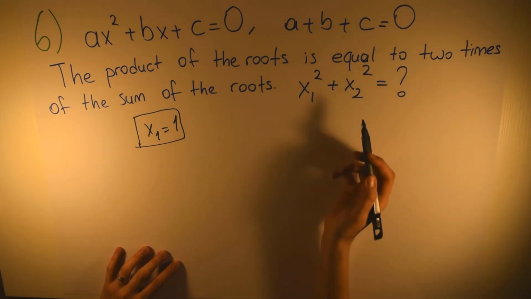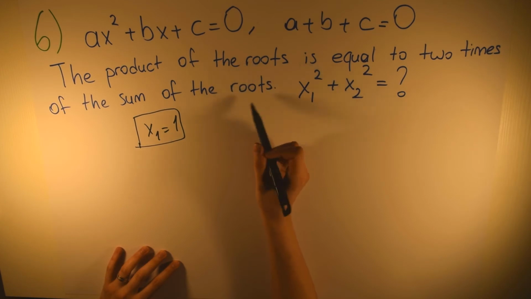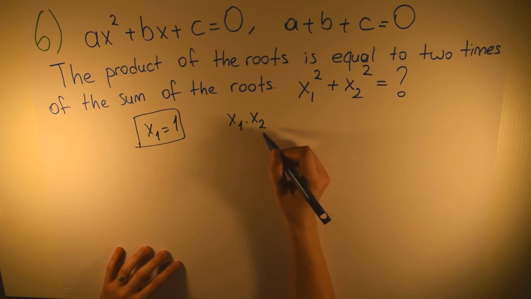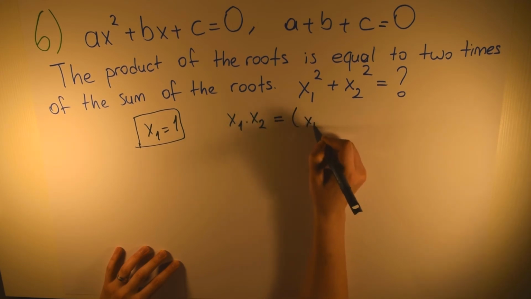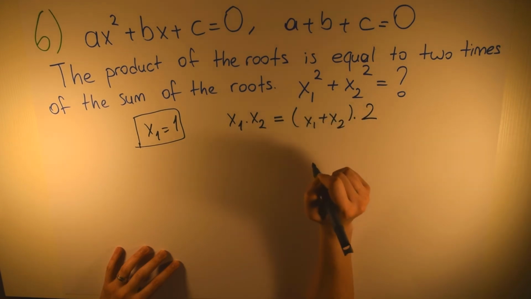So another information is the product of the roots. The product of the roots, it's x1 times x2, right? So this is equal to 2 times the sum of the roots, so this is equal to x1 plus x2 times 2.